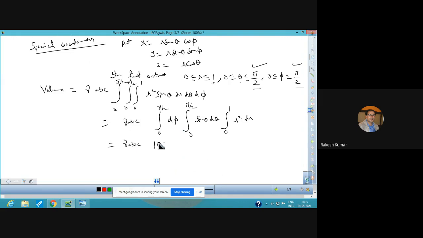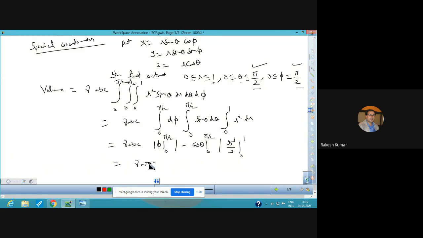Here you will have phi within the limits 0 to pi by 2. Integration of sine is minus cos within the limits 0 to pi by 2. Integration of r squared is r cubed upon 3.